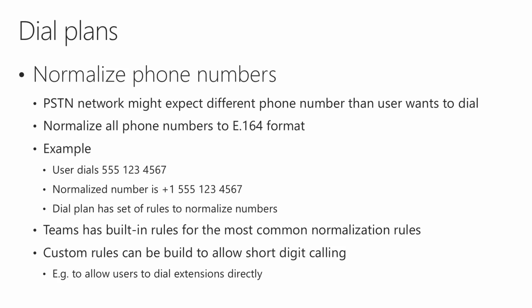Now the system needs to know that this user is in this area code and prefix the right phone numbers. So you would create a custom normalization rule and assign it to all the users in this particular area code, and then they could just dial the number as they are used to. However, as part of this training, we will not go into any details on how you can create custom dial plans.